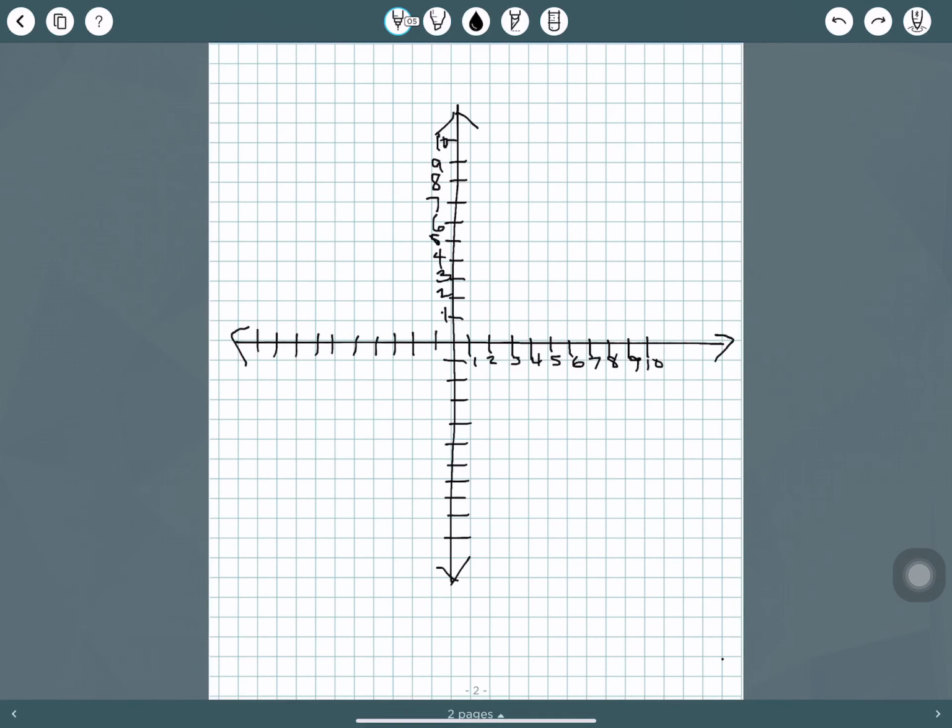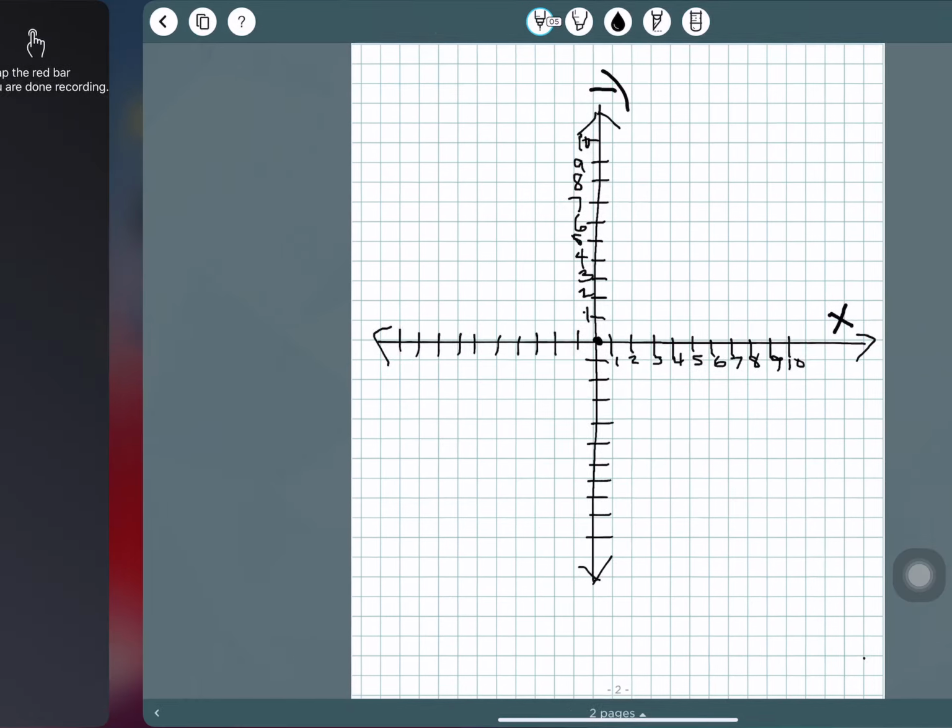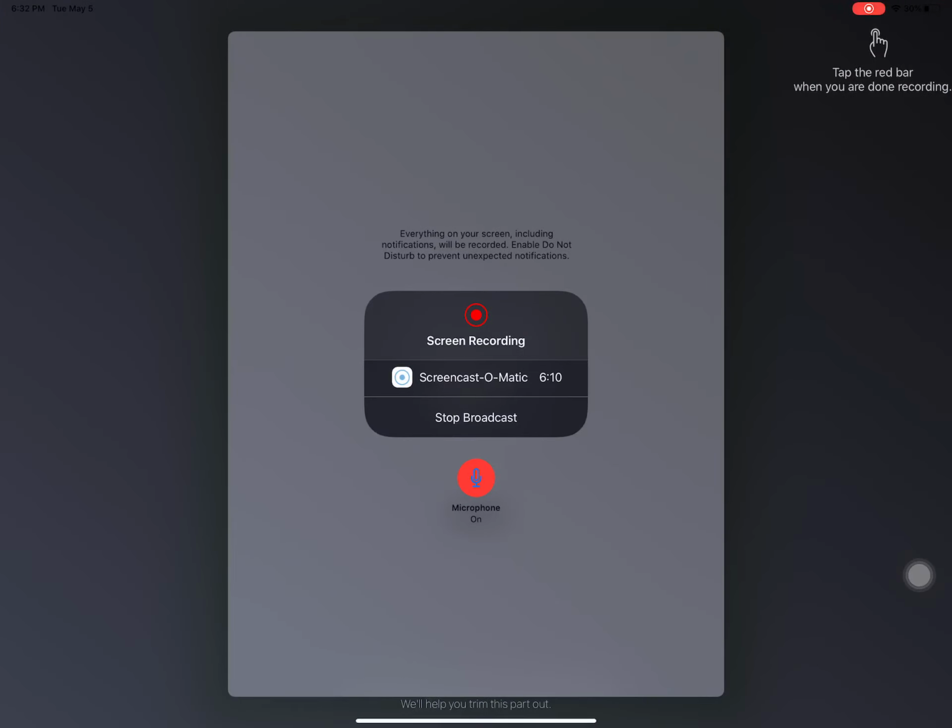Okay, so let's take a look at an extended graph where we have negative numbers on our number lines as well. You guys are used to, we spent a lot of time working with the number line when we were adding, subtracting, multiplying, dividing positive and negative numbers.